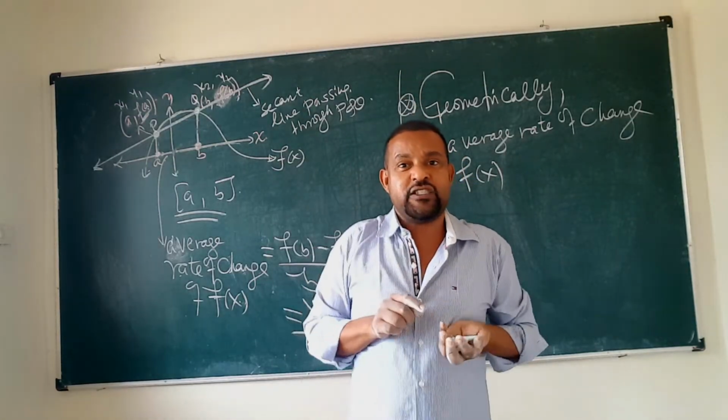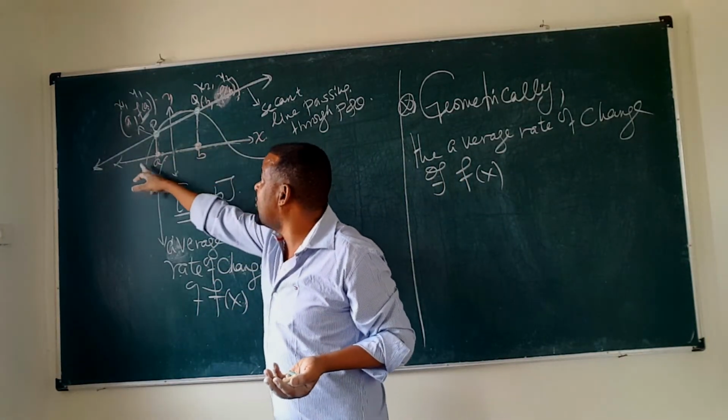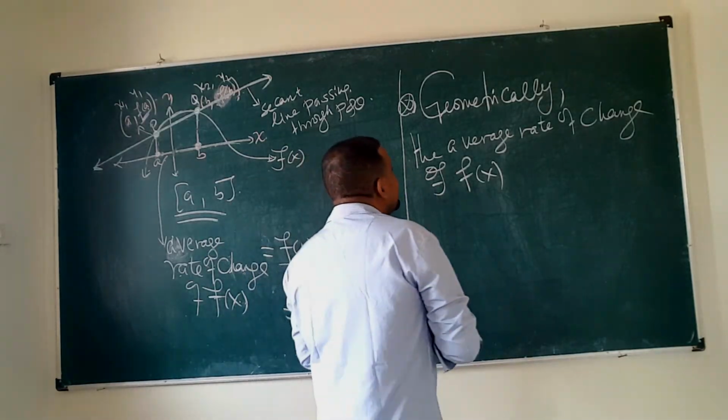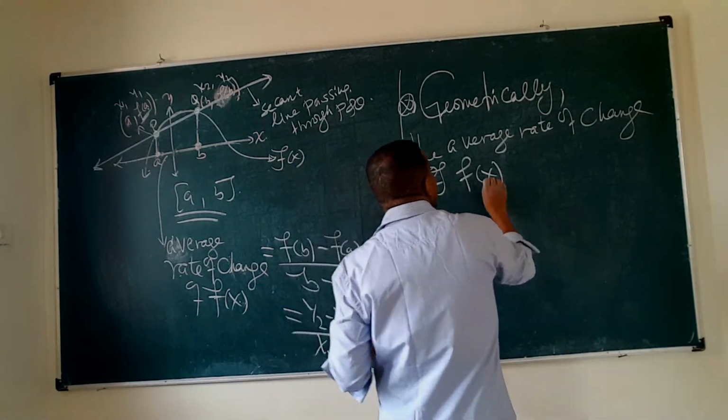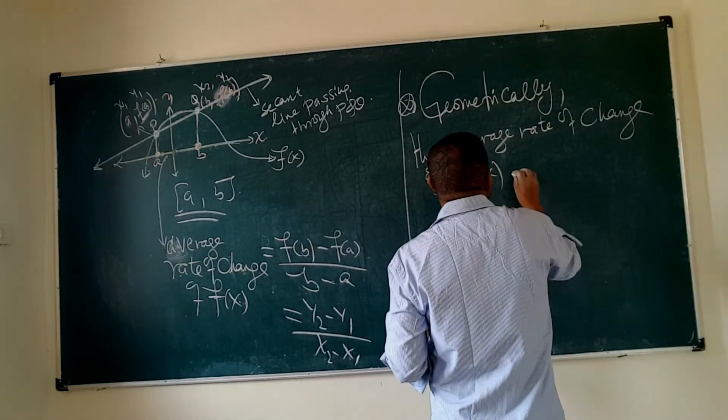change in y over change in x, as we said. Geometrically, graphically, let the function be like this. So geometrically, the average rate of change of f of x represents what?